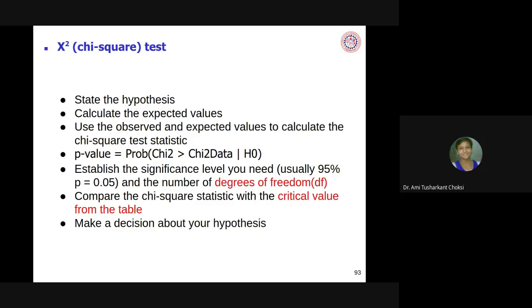I will show you that table. We compare whether the calculated chi-square is greater than or equal to the critical value from the table, and based on that we can say whether the two variables are in relation, that is, positively correlated, negatively correlated, or no relation. So we are trying to find whether two variables are related or not, using the chi-square test.